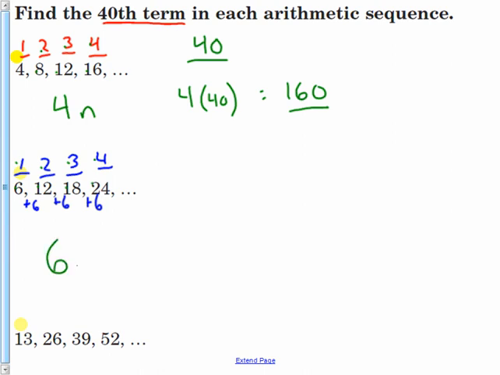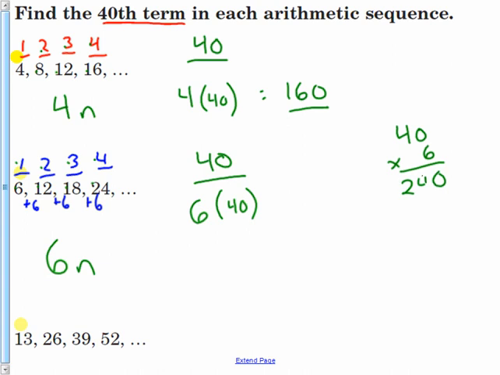So this time, my algebra rule becomes 6 times the term number. So if I want to know the 40th term, I take the number 6 and multiply it by 40. 40 times 6 is 240. So the 40th term would be 240.